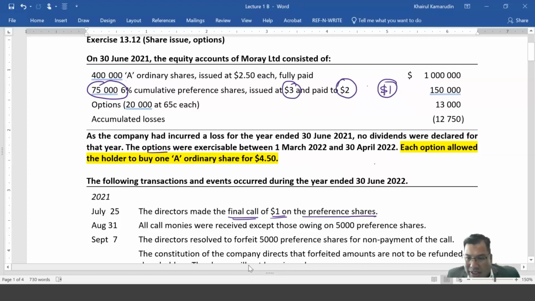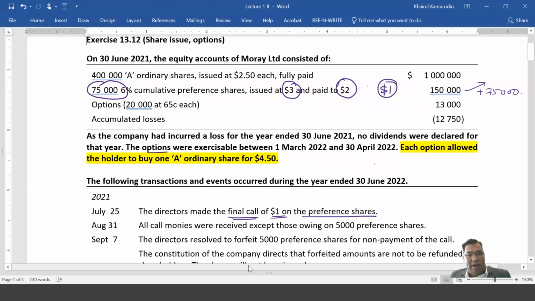When you do this, your shares now go from 150,000 and are going to increase by 75,000. So what is the journal entry?